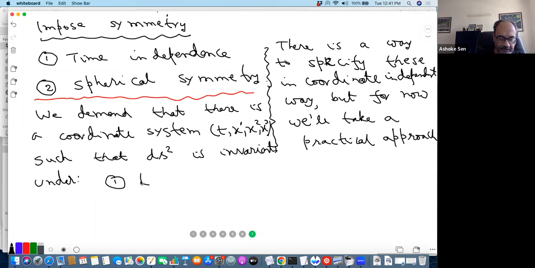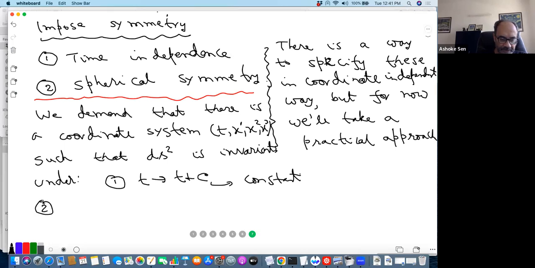First, under t goes to t plus a constant. In this coordinate system, ds squared should not change under a transformation like this.